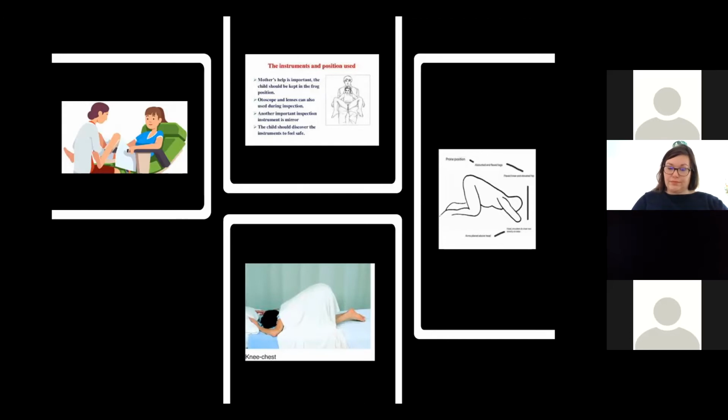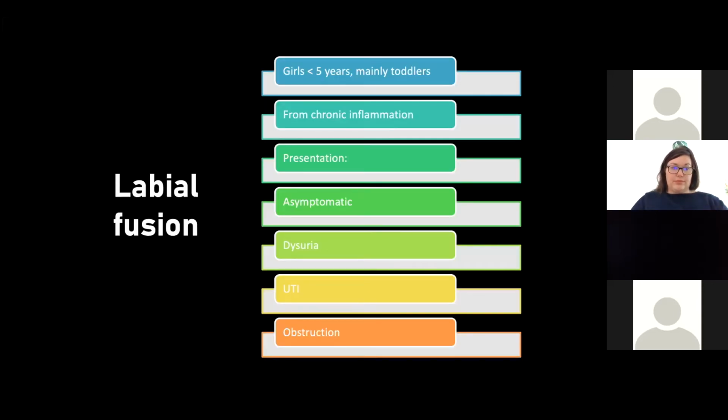But not everybody is comfortable with that position, especially a small child. So what I usually do is ask mom or dad to put the child on their lap. If symptomatic, we don't really have to do anything unless the child's family would like us to do something. Generally, they will grow out of it on their own.